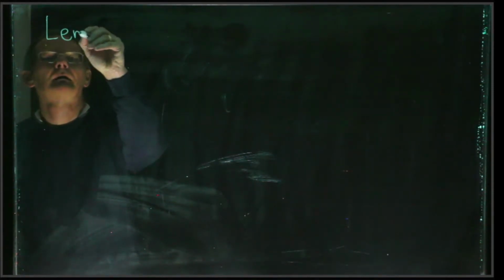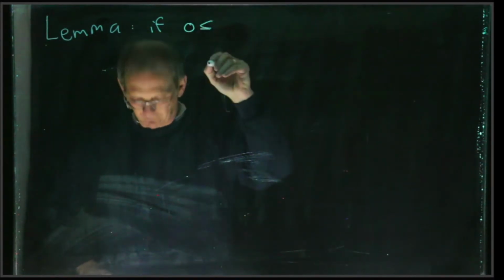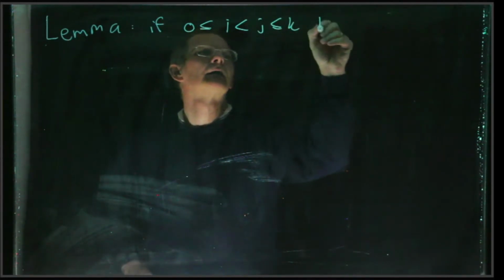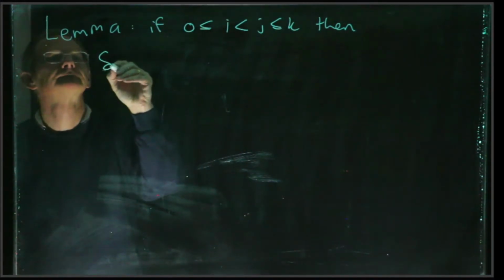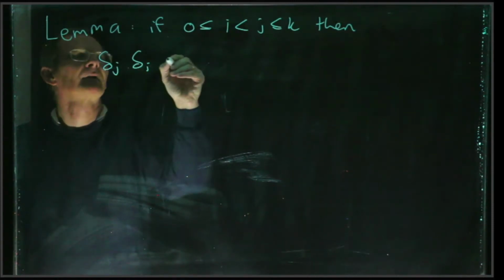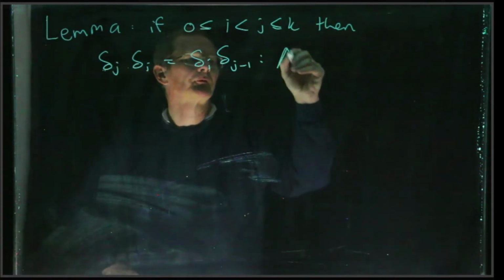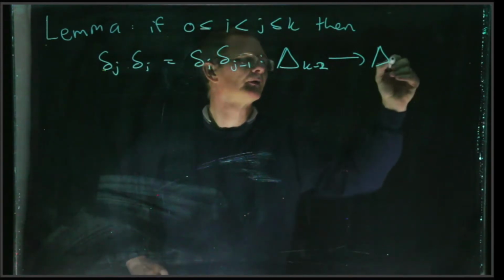Okay, so here's the general version of the little example we just did. If we've got 0 less than or equal to I, less than j, less than or equal to k, then the composite delta j, delta I is the same as delta I, delta j minus 1 as a map from the k minus 2 simplex to the k simplex.